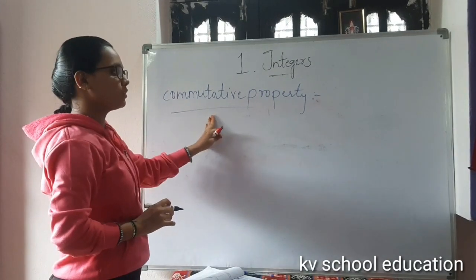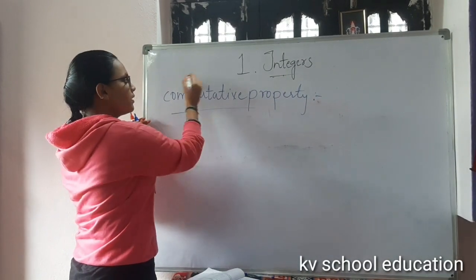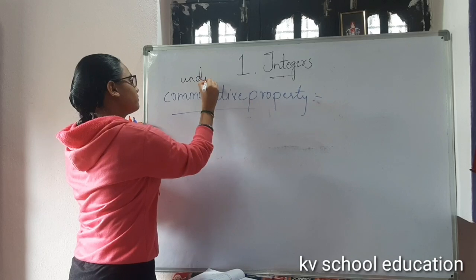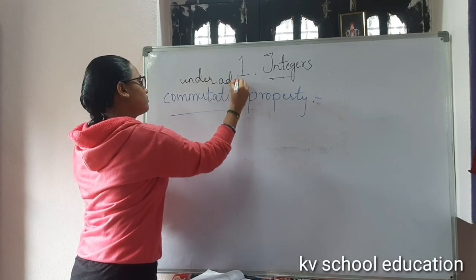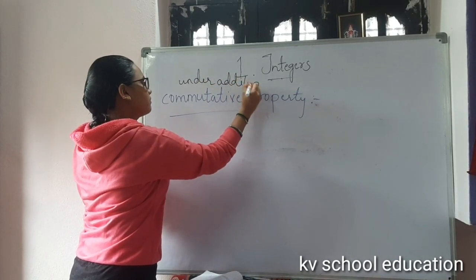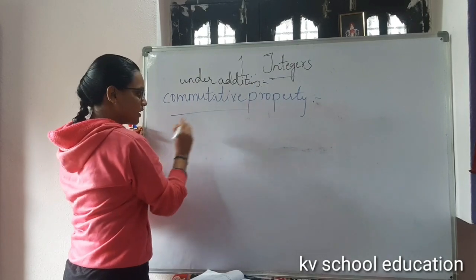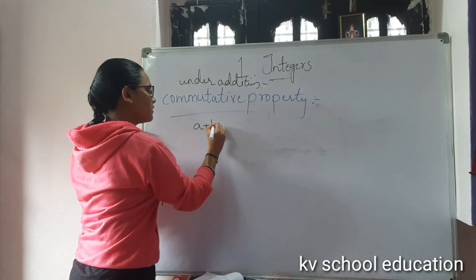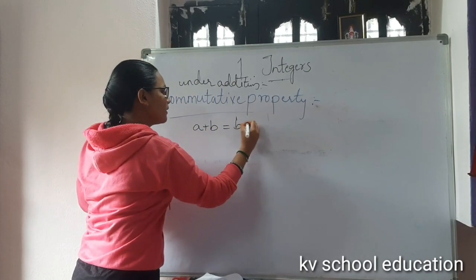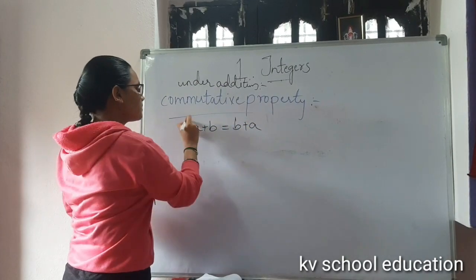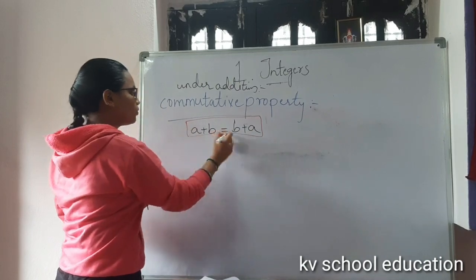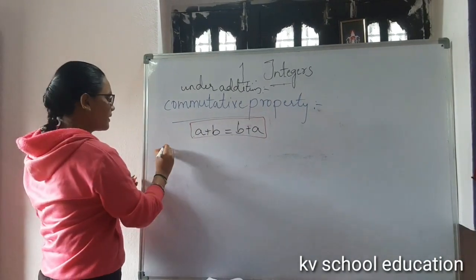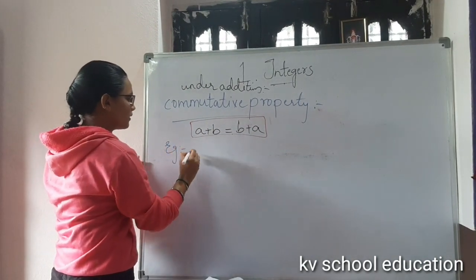First of all we will follow the rule. Under addition, the rule of commutative property is a plus b is equal to b plus a. This is the important rule. We should follow this. Now we will take an example, then you will understand.